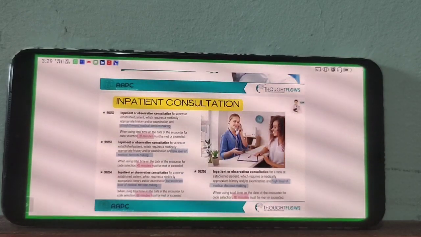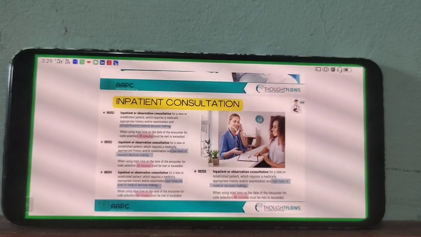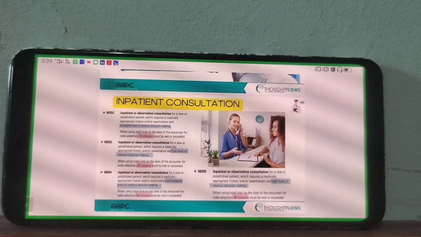The name of the requesting or referring physician is present at the top of the chart, or at the end of the chart we can see the requesting or referring physician's signature.